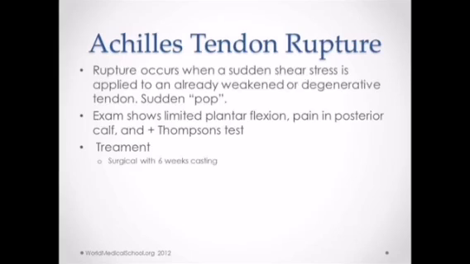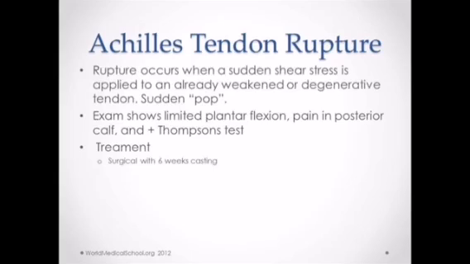An Achilles tendon rupture typically is heard with a sudden pop due to a shear stress that is applied when this tendon is already weakened or degenerated. Exam shows limited plantar flexion and pain in the posterior calf with a positive Thompson test.